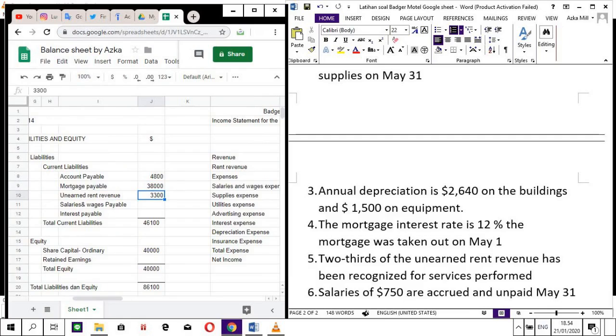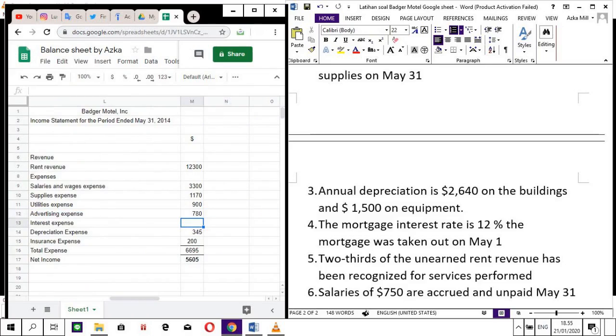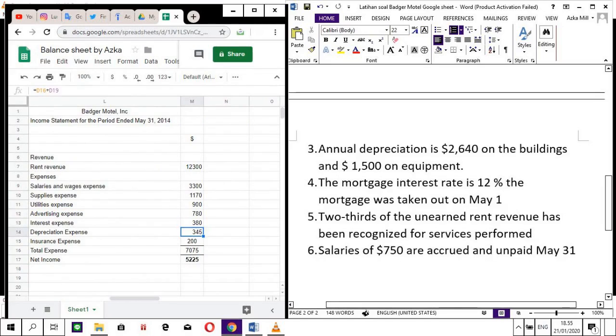So we multiply by 12% and multiply by 1/12, because again, the period has ended. And then it is reported as an expense.